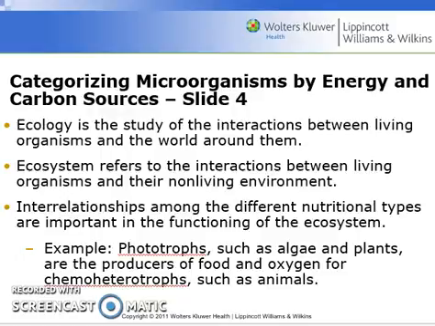So we want to understand, in a global context, the ecology that is a byproduct of having so many different types of microorganisms classified in different manners based on their energy and carbon sources as they are used. So ecology is really just the study of all the interactions that exist between organisms and the world around them.